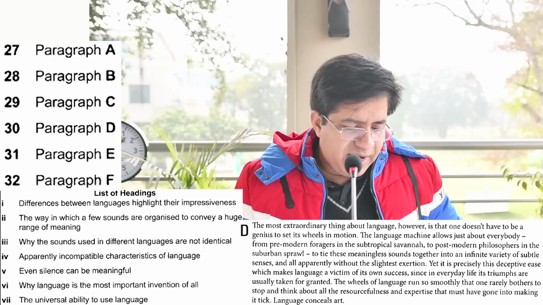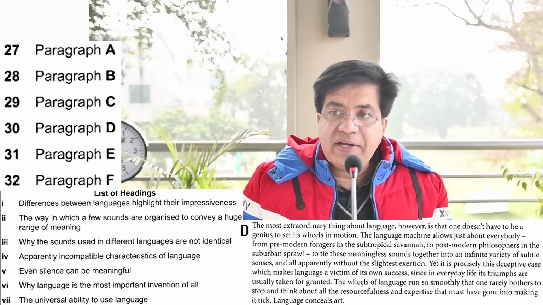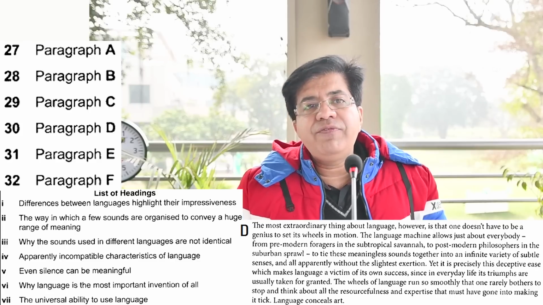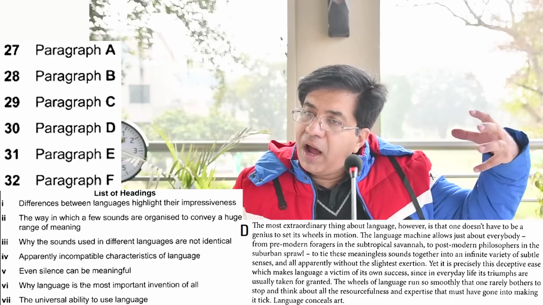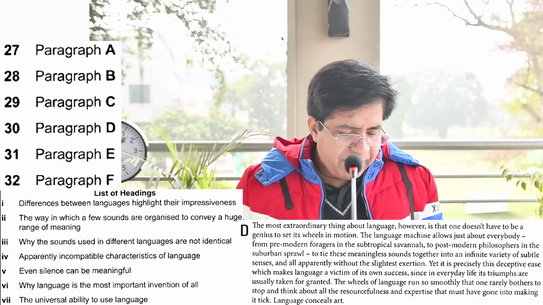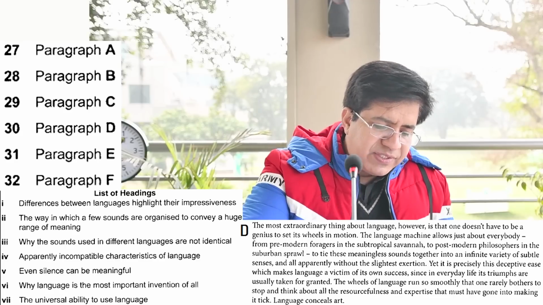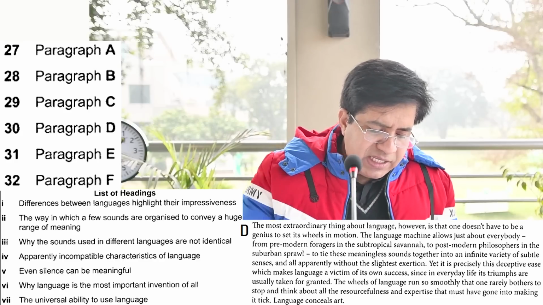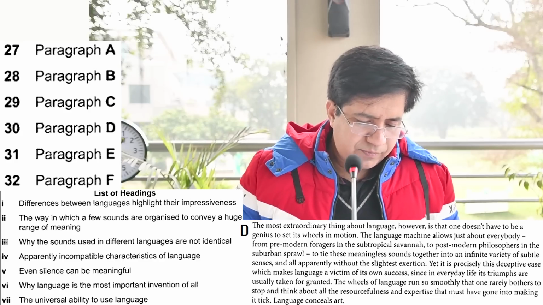Well done. The universal ability to use language. For universal, they are talking about different parts of the world, different time periods of history. So for paragraph D, heading number 7 is the right answer. Please cross heading number 7 as well.